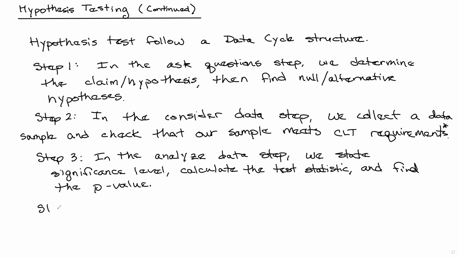And then finally, step 4, and I'm going to star that because I don't think we've done that in its entirety. In the interpret data step, we choose to either reject or not reject the null hypothesis.